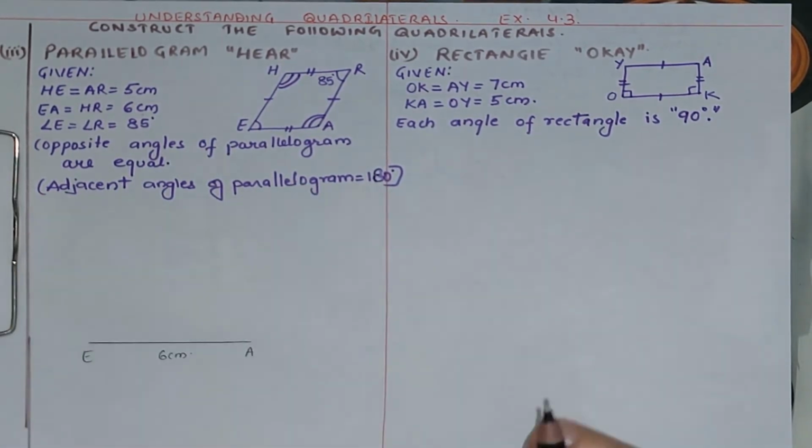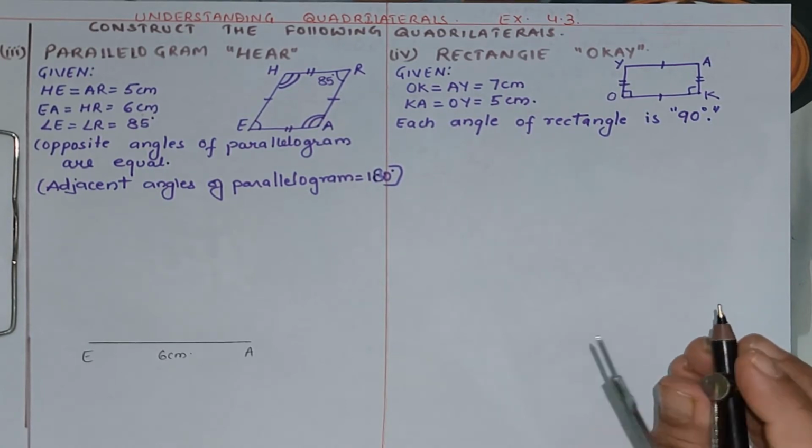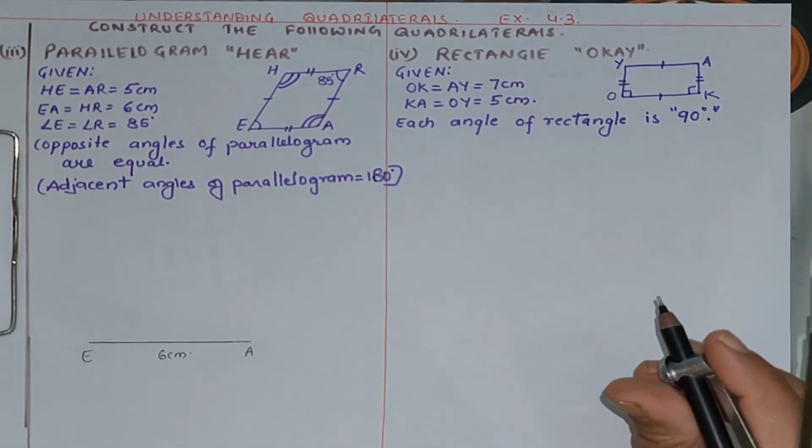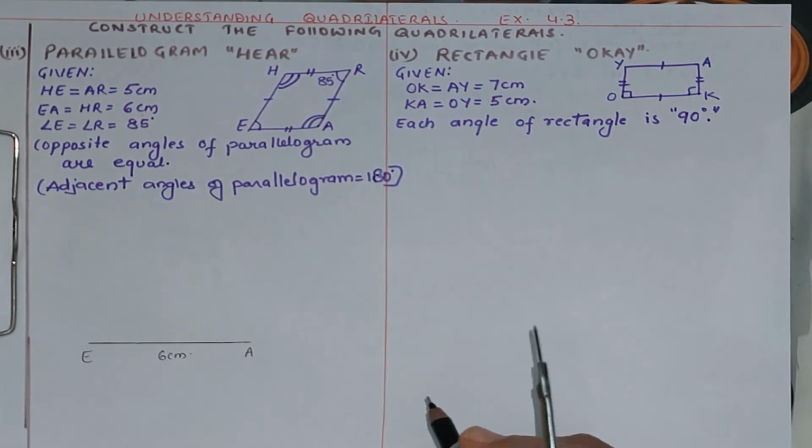Opposite angles of a parallelogram are equal. Only one angle we have. E is equal to R, that is equal to 85 degree. And again one more property, adjacent angles of a parallelogram add up to 180 degree.